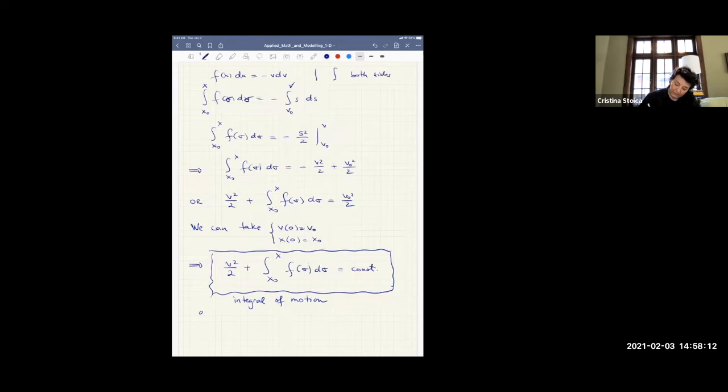And in fact, it is the conservation of energy, where T is the kinetic energy, defined as one over 2 v squared. And V is the potential energy. So it's actually a V of x, and it is the integral from x naught to x of f of sigma d sigma. I'll do some examples.